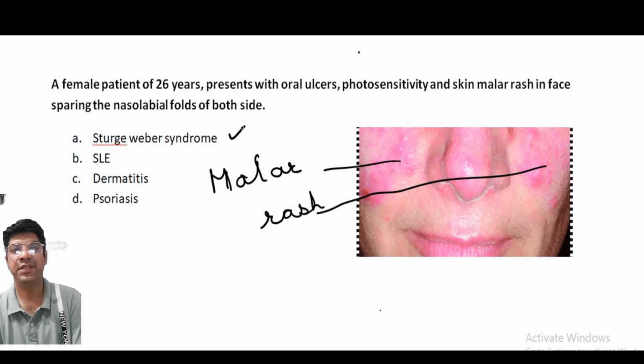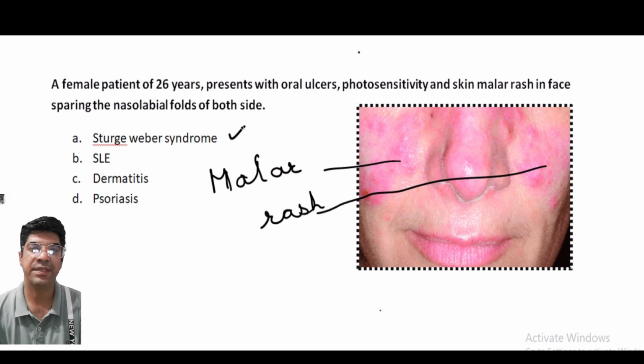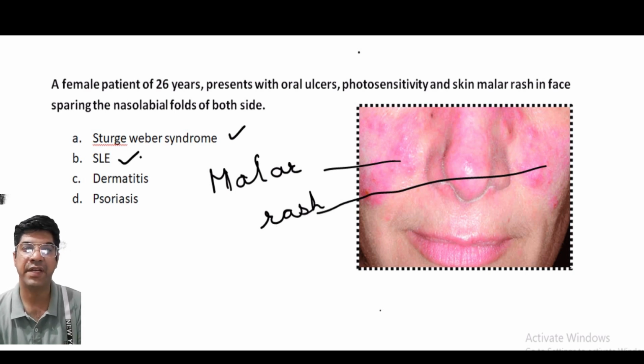Sturge-Weber syndrome is characterized by a port wine stain birthmark on the face, involving the upper face and forehead. It is associated with neurological symptoms and not typically associated with oral lesions, photosensitivity or a malar rash. Other is SLE, that is systemic lupus erythematosus.